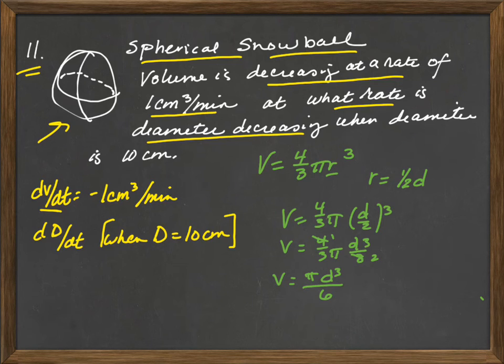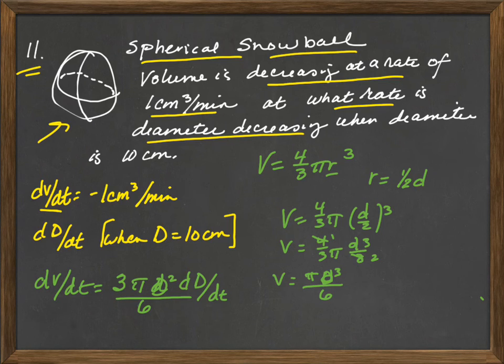So when I take dV/dt, it equals 3 pi d squared times dD/dt, this was supposed to be a capital D, over 6, right? So yeah, it's pi over 6, so 3 pi over 6.